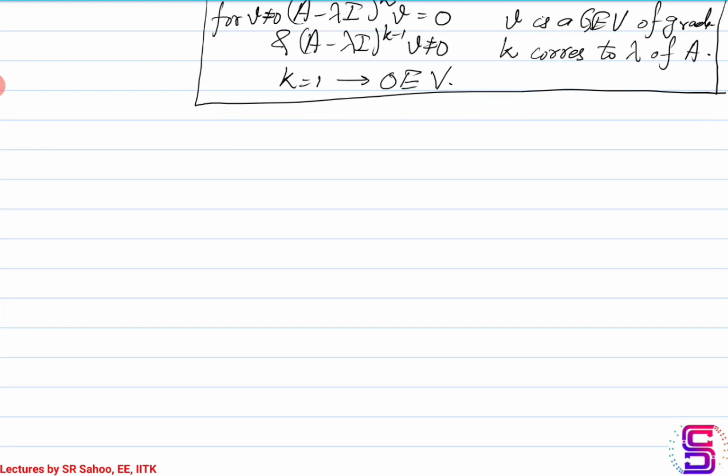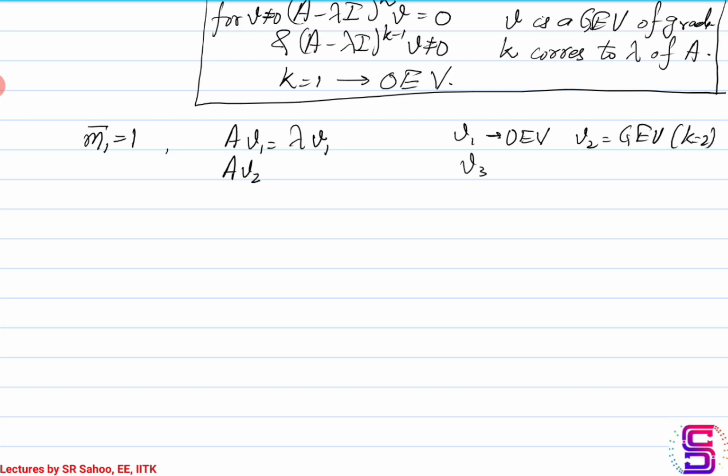Now for this case, we'll first see M1 bar equal to 1. When M1 bar equal to 1, let's say that A V1 is equal to lambda V1. Here V1 is the OEV, V2 is the GV of grade 2, V3 is the GV of grade 3. So AV2 is what?